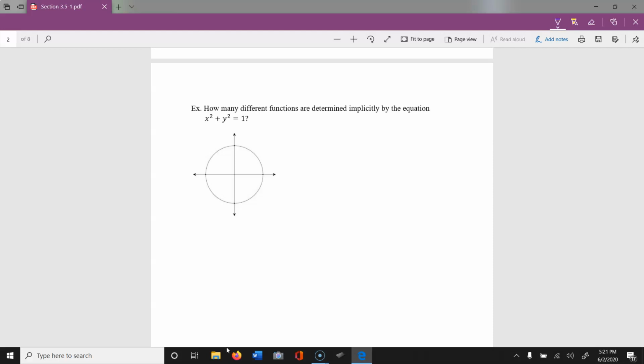All right, so how could we do this? Well, I can take my equation x squared plus y squared equal to 1 and I could solve for y, right? So in other words, y squared is equal to 1 minus x squared. So y is equal to plus or minus the square root of 1 minus x squared.